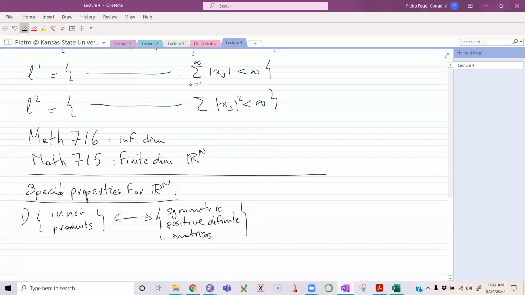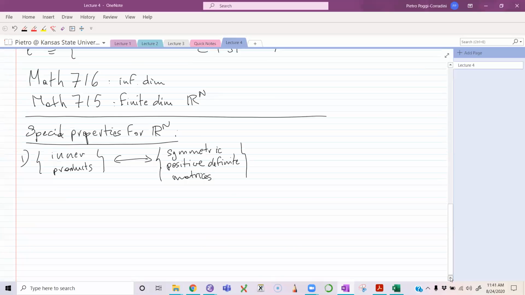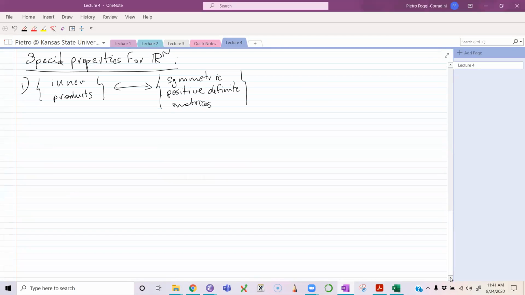And so I need to recall what those are. So first of all, a matrix A, we usually will denote it as belonging to R^(m by n), right?